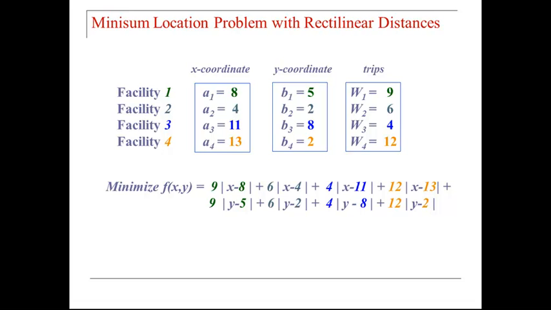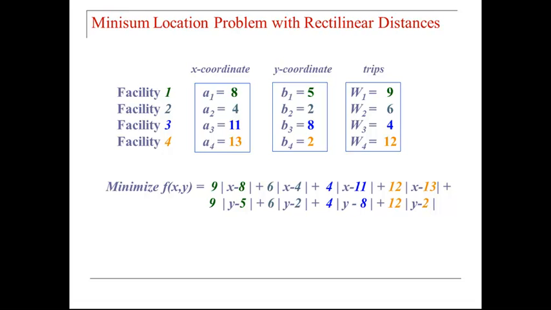So when we focus on the first facility, we are trying to define our function in terms of that facility. We look at the weight and also the coordinate of that facility in terms of x. That's why we have 9 times the absolute value of x minus 8.